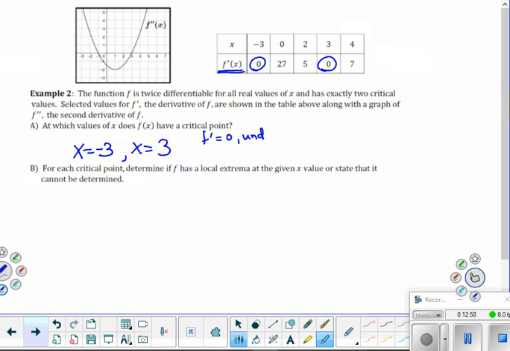For each critical point, determine if it has a local extrema at the given x value, or state that it can't be determined. Now I'm going to roll into it. So I know that f prime of -3 was 0. I'm just going to make 2 columns here. And f prime of 3 was also equal to 0.